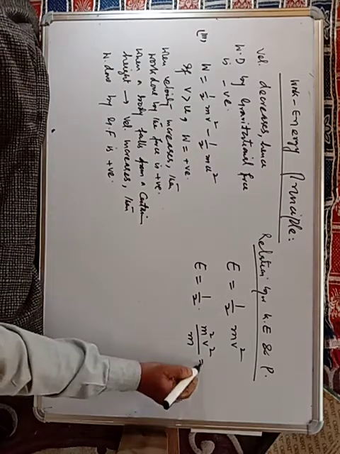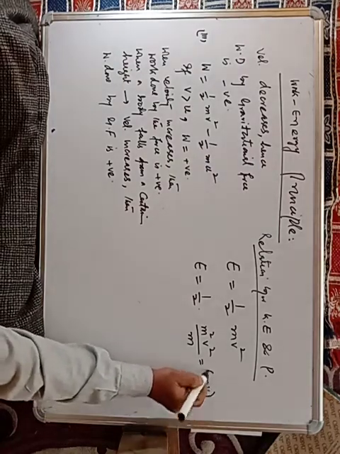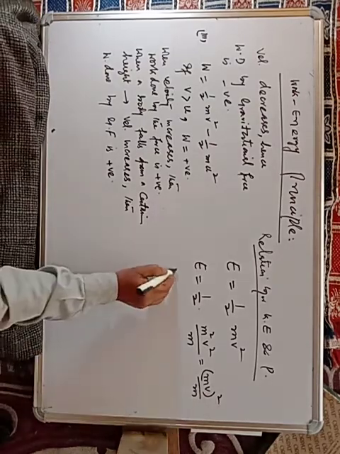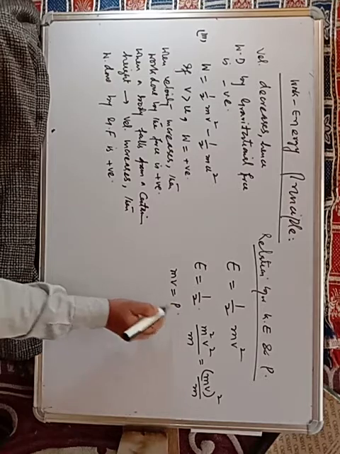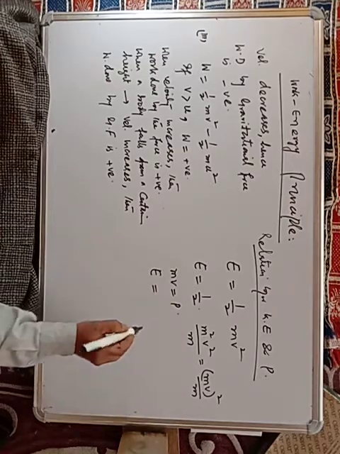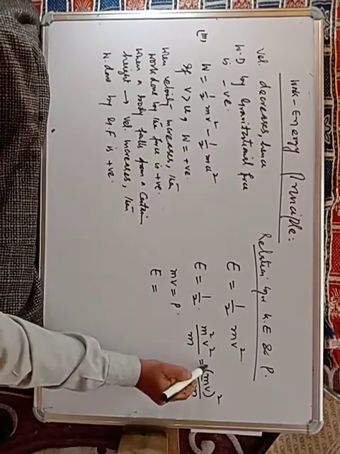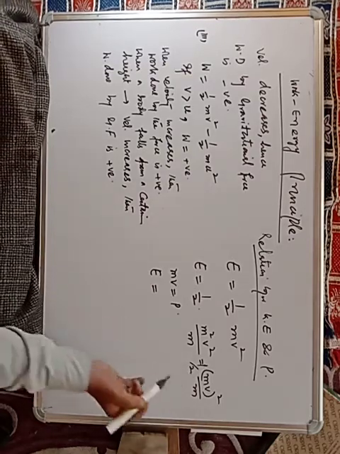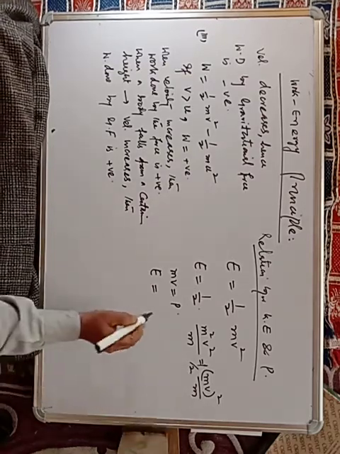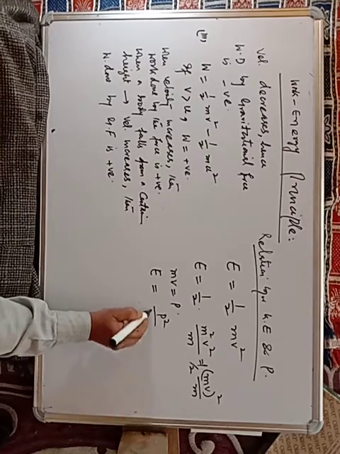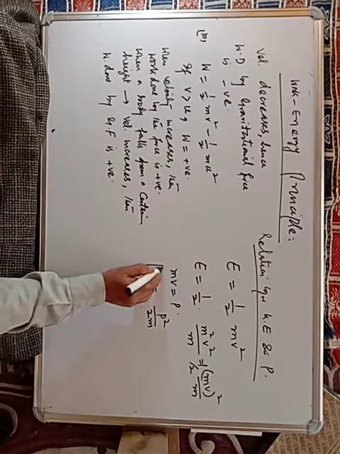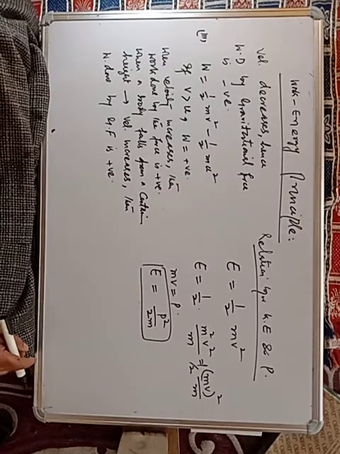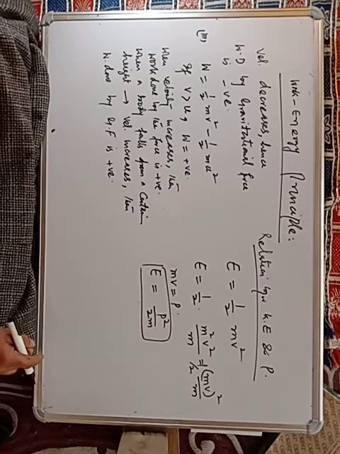So we can write it as mv whole square divided by m. But we know mv is equal to p, so we will write here E is equal to, sorry यहाँ पे 1/2 होना चाहिए. So it is mv square, that is p square divided by 2m. So energy E is equal to p square divided by 2m.